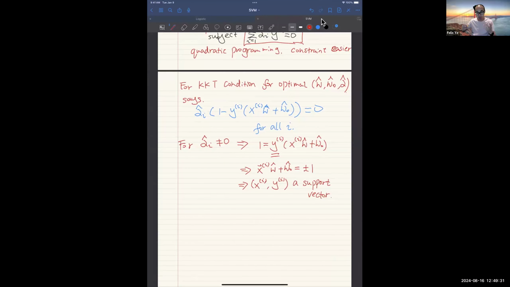So from experience, you can see, and we will find out that most of the alpha i are 0, and only a few are non-zero.